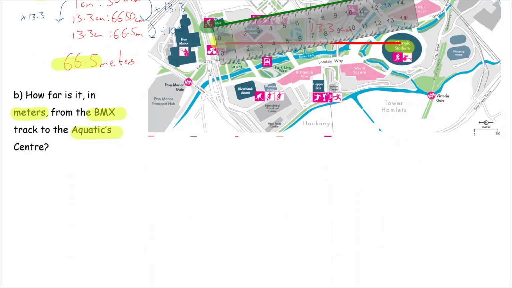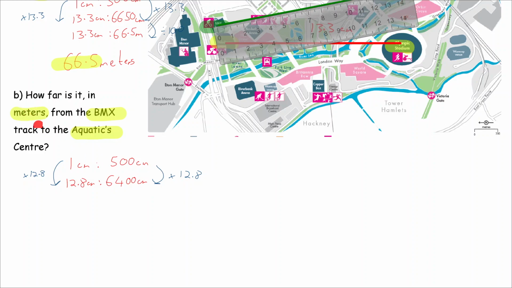From the start, 1 centimeter is the same thing as 500 centimeters, and we've just measured it to be 12.8 centimeters on the map, so we've got to upscale by multiplying through by 12.8, doing the same thing over here. 500 times 12.8 is going to give you an answer of 6,400. So 6,400 centimeters.